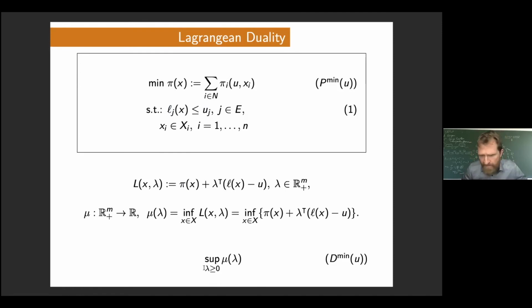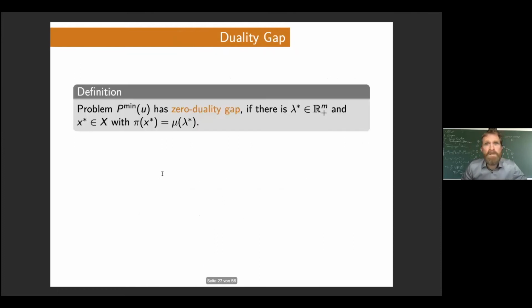And we have, as you see here, a non-negativity constraint because we have a less or equal constraint. This is the analog. Duality gap: we say a problem has 0 duality gap if there is a dual solution and a feasible primal solution so that primal and dual coincide. This is also standard, you know that.